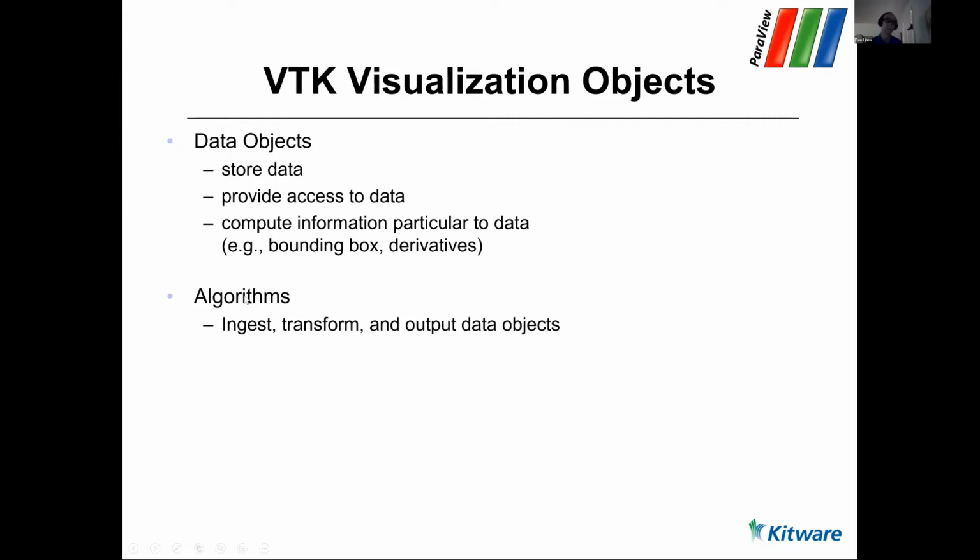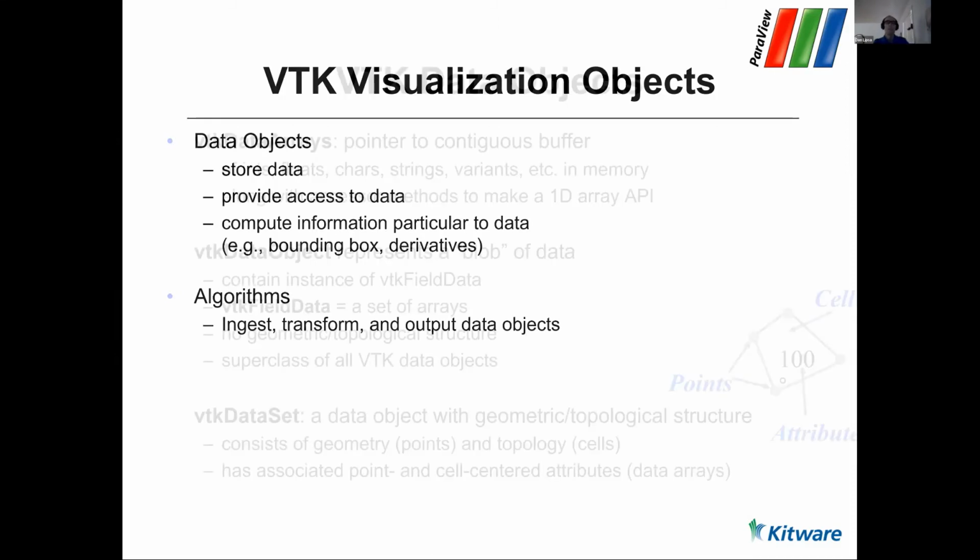And you're going to use algorithms, or filters in ParaView terminology, that ingest, transform, and output data objects. There are two more types of objects in VTK we won't deal with: rendering objects and widgets, which are interaction objects. You don't use these in ParaView, so you don't need to know about them when you write your own filters.